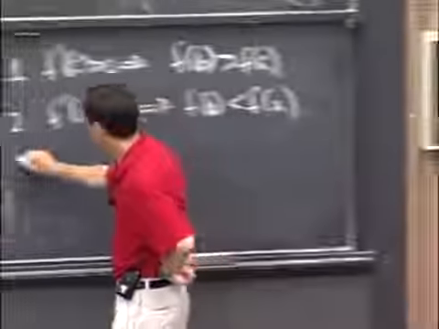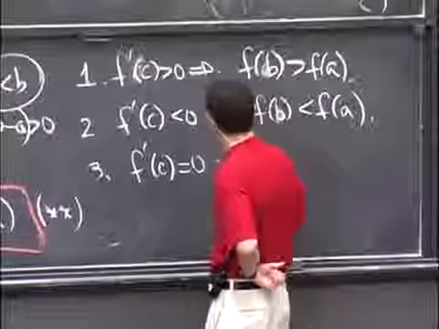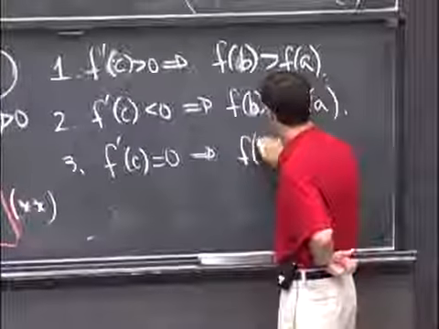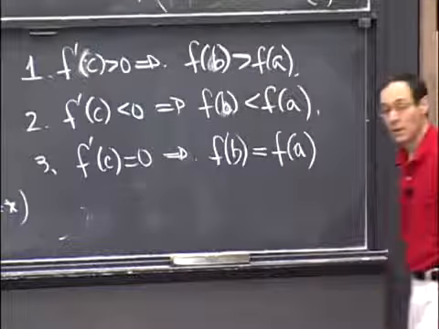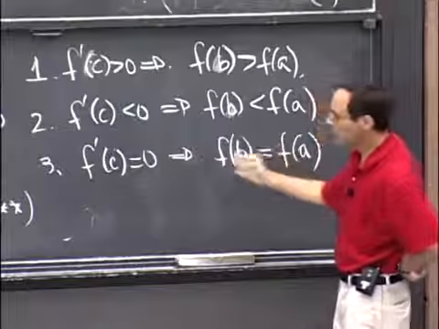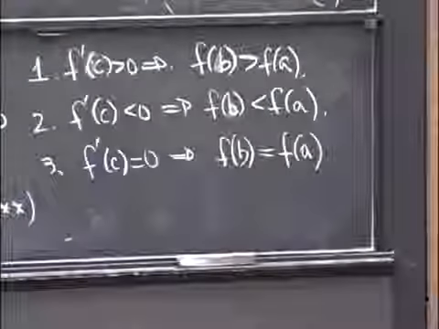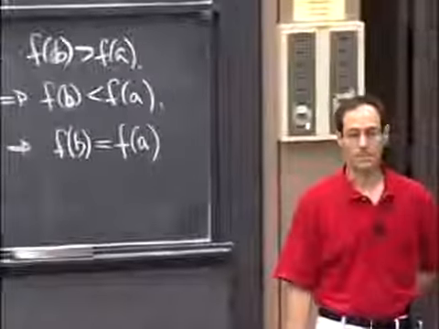And finally, if f prime of c is 0, then f(b) is equal to f(a). Which, if you apply it to all possible intervals, if you can do it for every interval, which you can, then that means that f is constant. It never gets to change values.